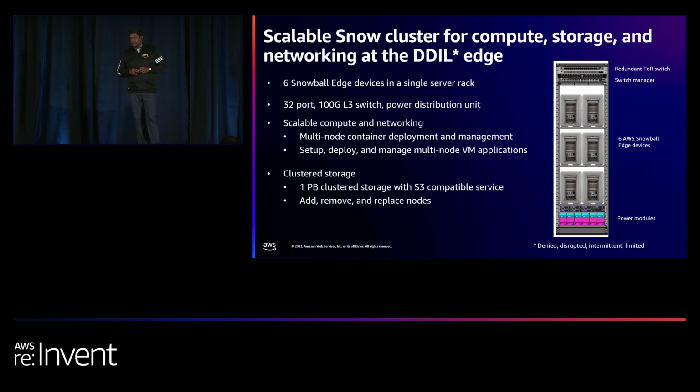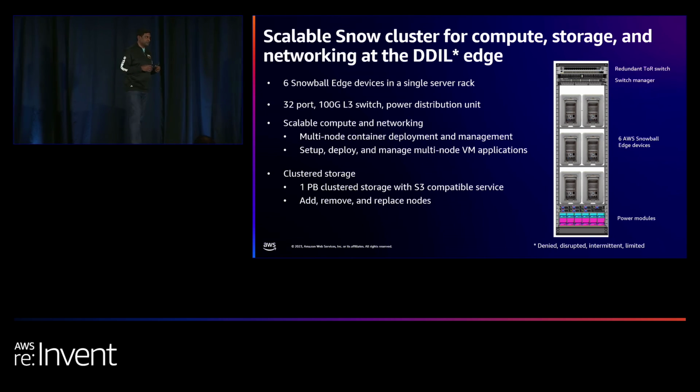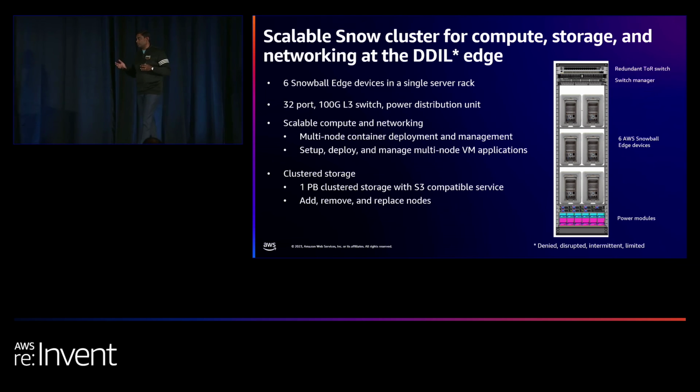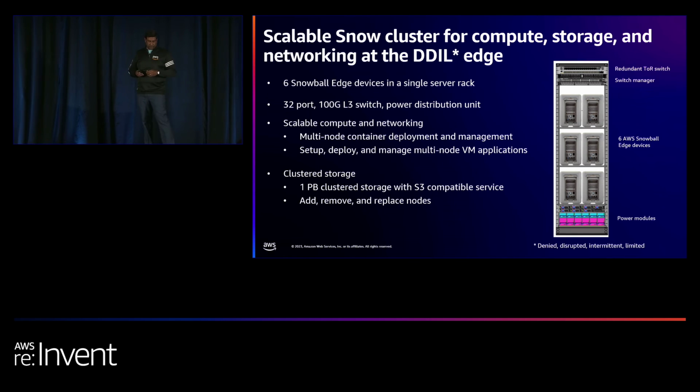And in many cases, customers are using that multi-node containerization, as I mentioned, to set up their compute workloads, or with 6 dense Snowball Edge devices with that S3 compatible storage that we talked about earlier, you can do 1 petabyte of storage for each one of these rack solutions.